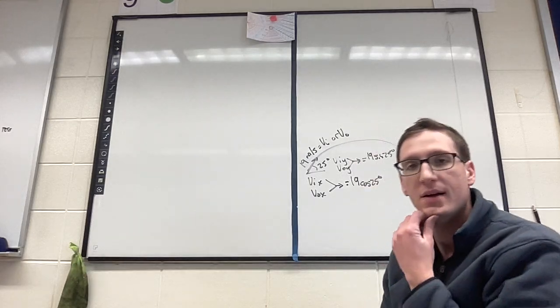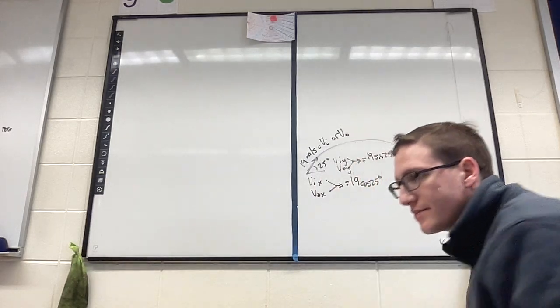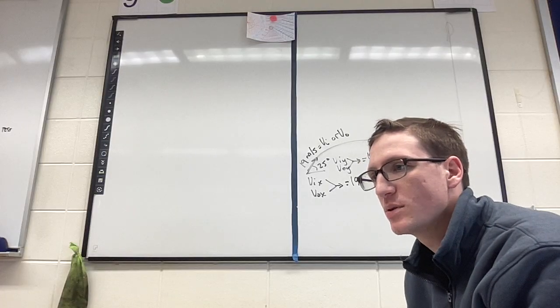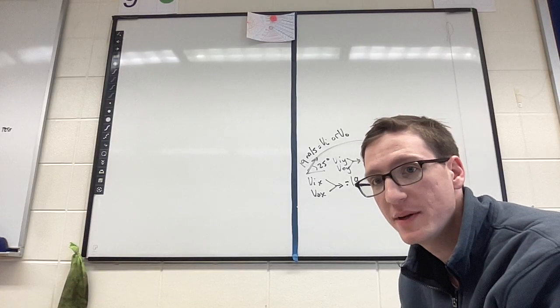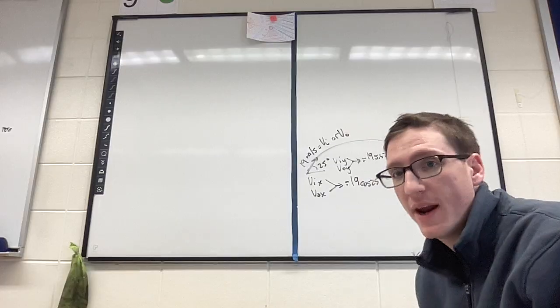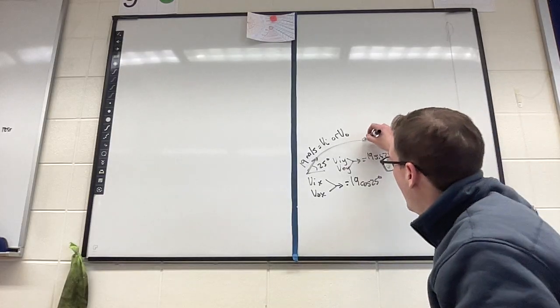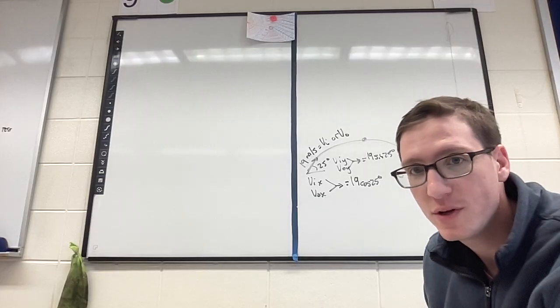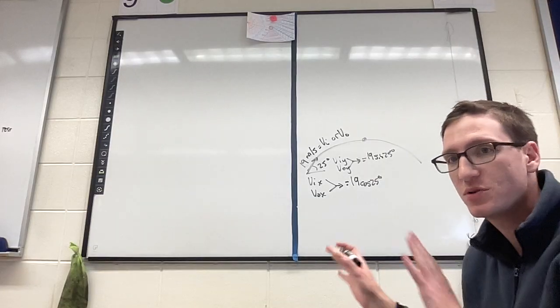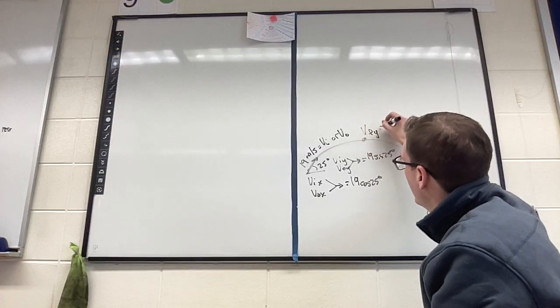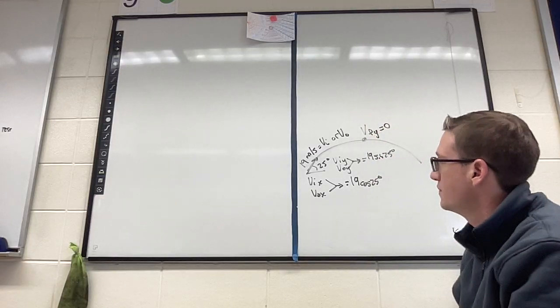If they were to ask me about the total amount of time it spends in the air, one way that I could do that question would be to identify that at my highest point, I've got symmetry on the left and the right. So VFY is equal to 0.